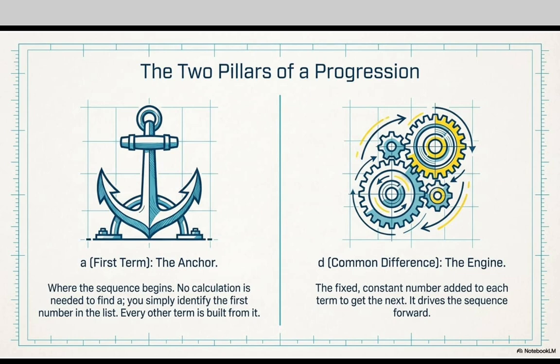No calculation is needed to find A. You simply identify the first number in the list. Every other term is built from it. Now the common difference is the engine, the fixed constant number added to each term to get the next. It drives the sequence forward, and we have talked about it.